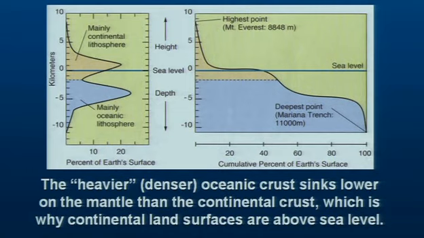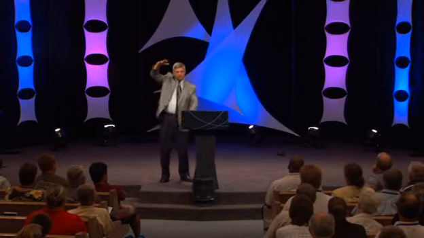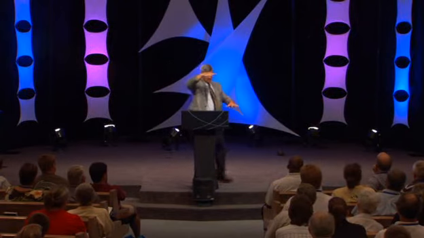And that's why the continental land surfaces are always above sea level, because they rise relative to the level of the sea. You'll understand in a moment why that's very significant and quite profound.